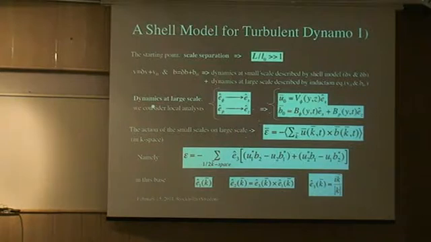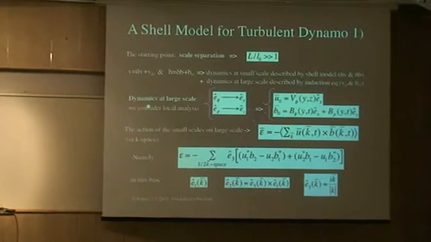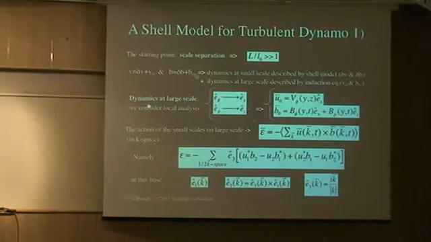Essentially, we split the magnetic field and the velocity field in two contributions, an average part, V0 and B0, plus a fluctuating part with variation at smaller scales. So the basic idea of this model is to solve the induction equation at large scales and in a consistent way solve the turbulent dynamics at smaller scales using a shell model.